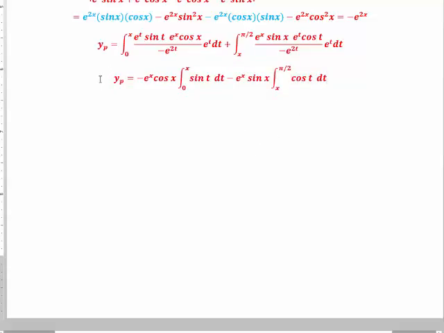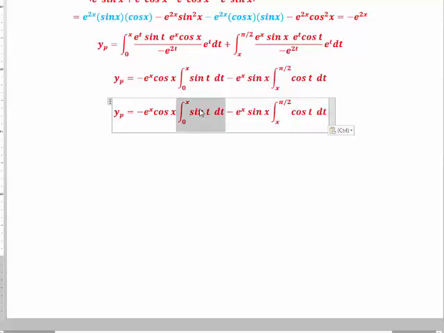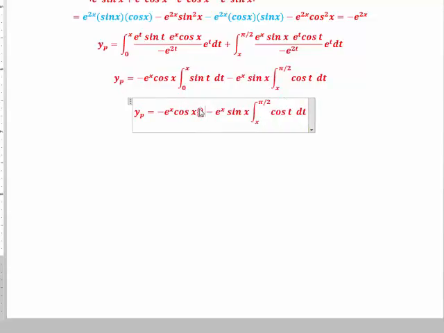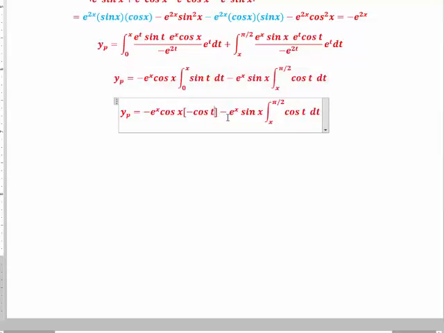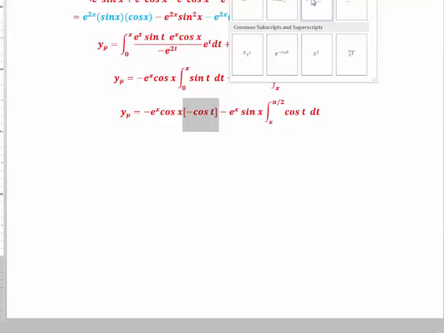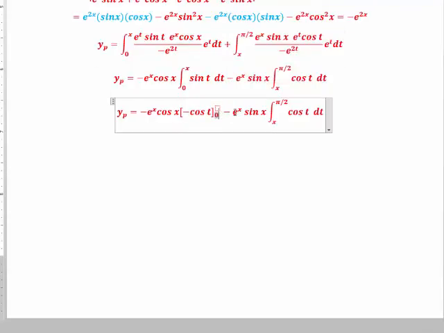All right, so looking good so far. Let's do the actual integral here. The antiderivative of sine is negative cosine, and we are going to take this from 0 to x.